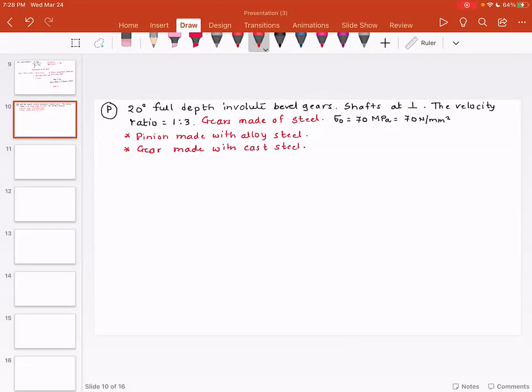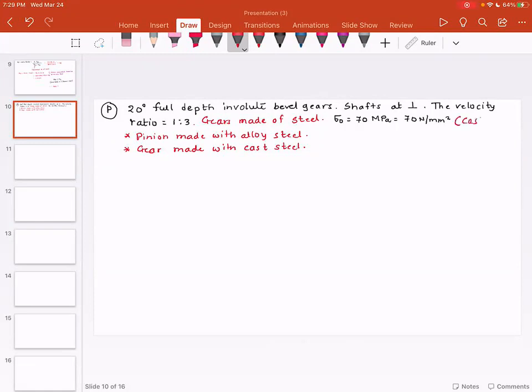Even though they say that both the gears are made up with steel, there are different grades of steel that are used for pinion and gear. So this value that I gave you, 70 megapascal, is for the cast steel.